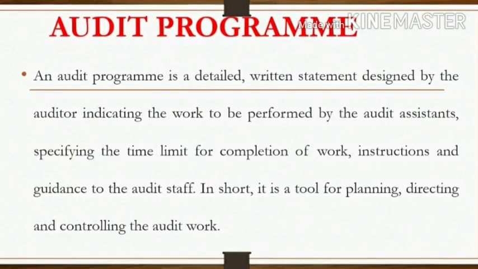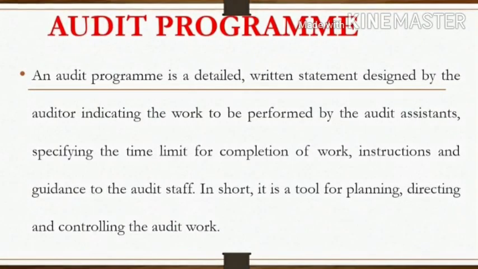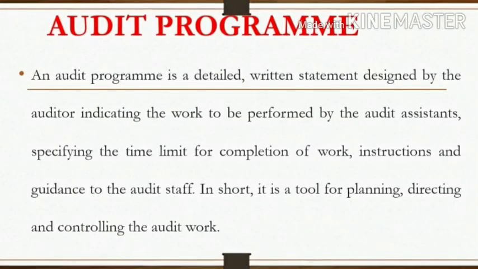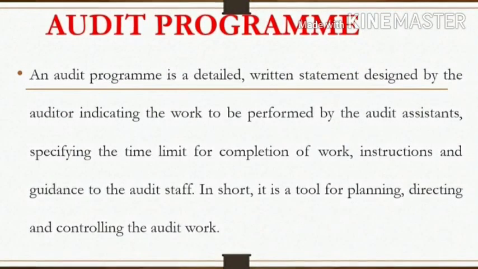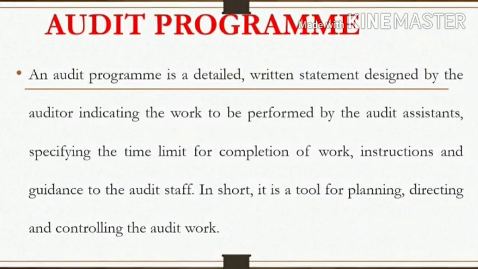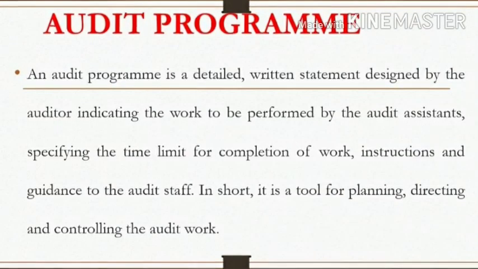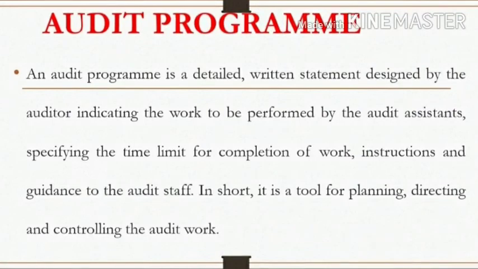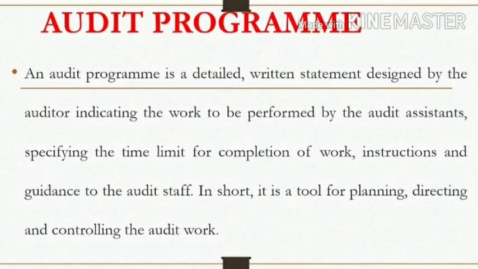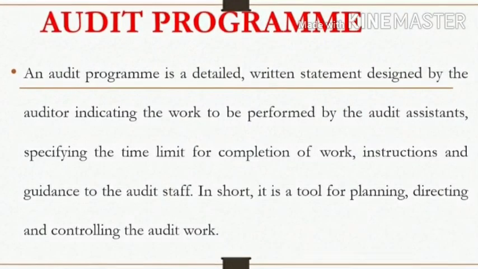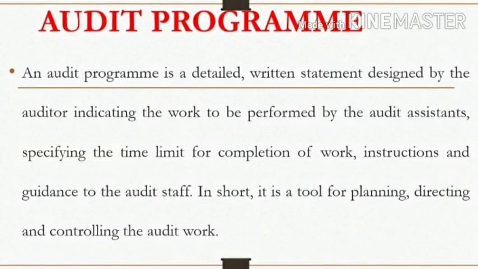The objective of the audit program is to provide clear instructions to the audit assistants as to what and how much work is to be done, fixing the time, and to ensure completion of audit work within the specified time period. So this audit program will be very useful for the auditor as well as their assistants.